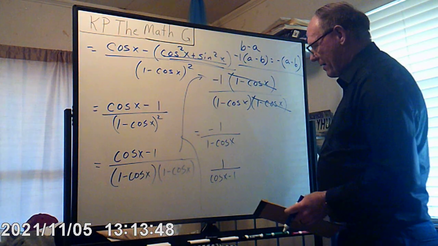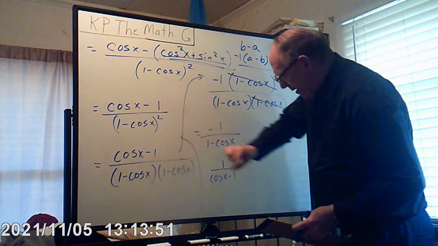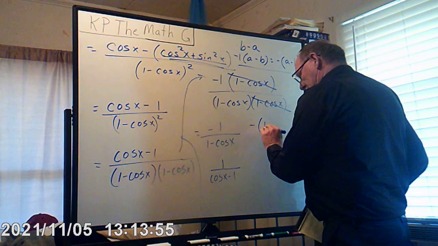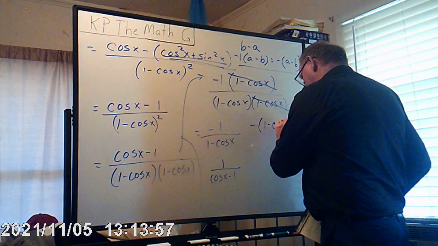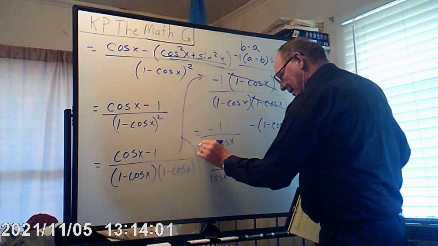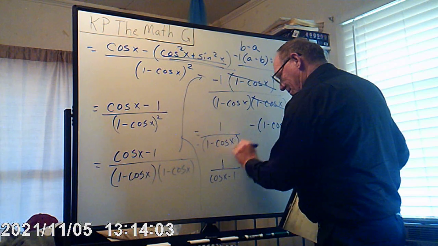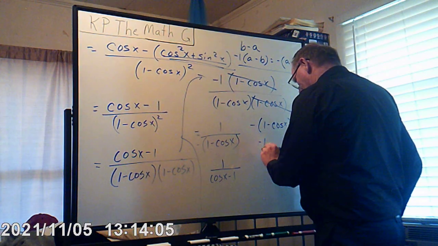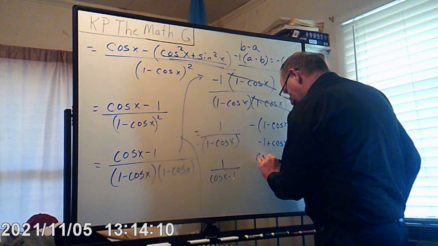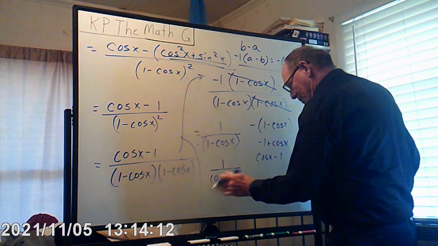That's just putting the minus sign down here, so minus 1 minus cosine x. If I distribute that, it's going to be negative 1 plus cosine x, or just cosine x minus 1, and that's what I have here.